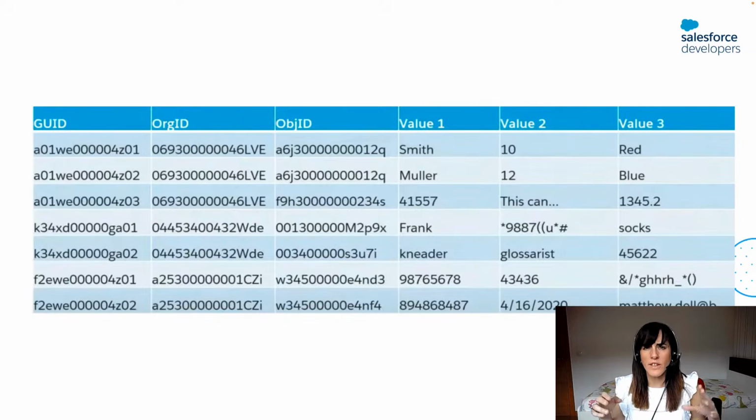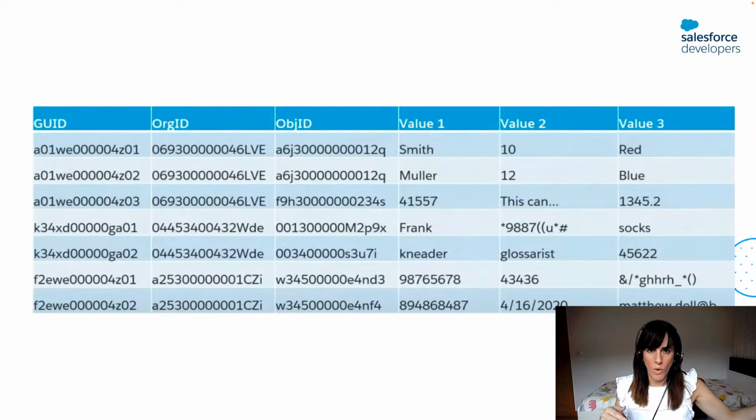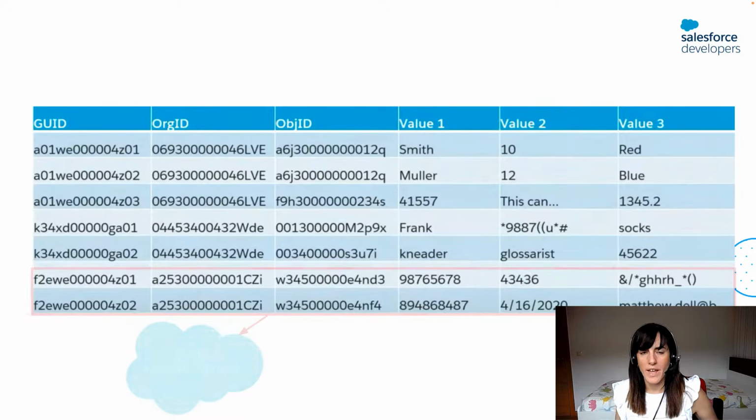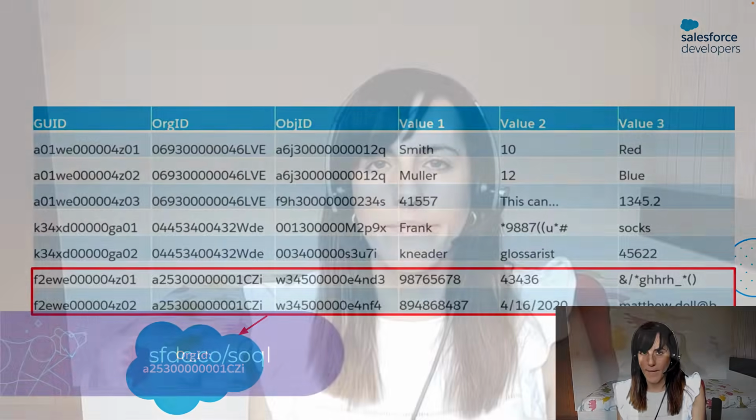So imagine that there is a generic huge database in which data from multiple organizations is stored. We can have data from organization 1, organization 2, or organization 3. That means that you as a developer cannot use SQL to directly access that database.